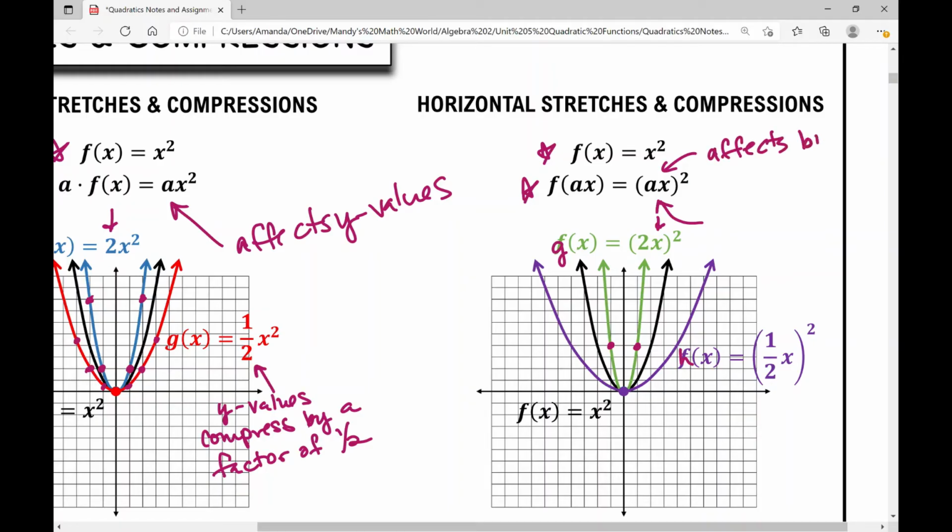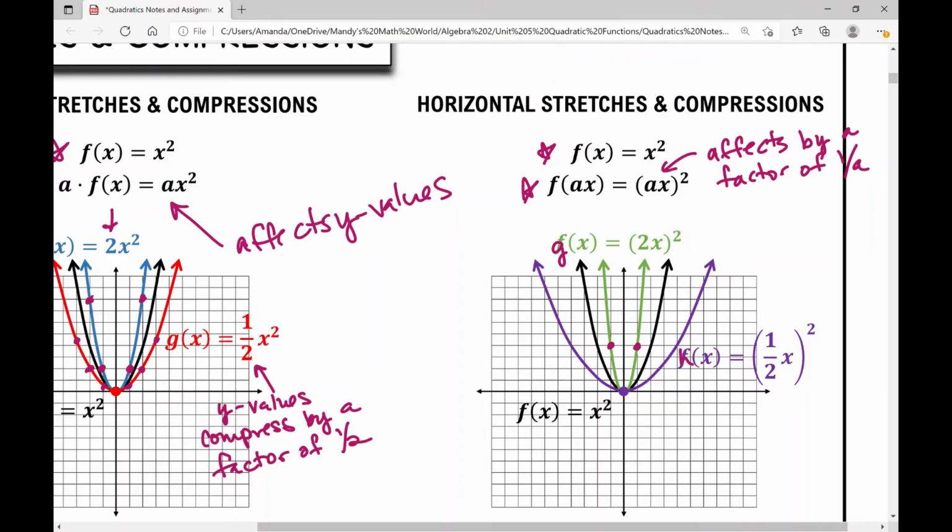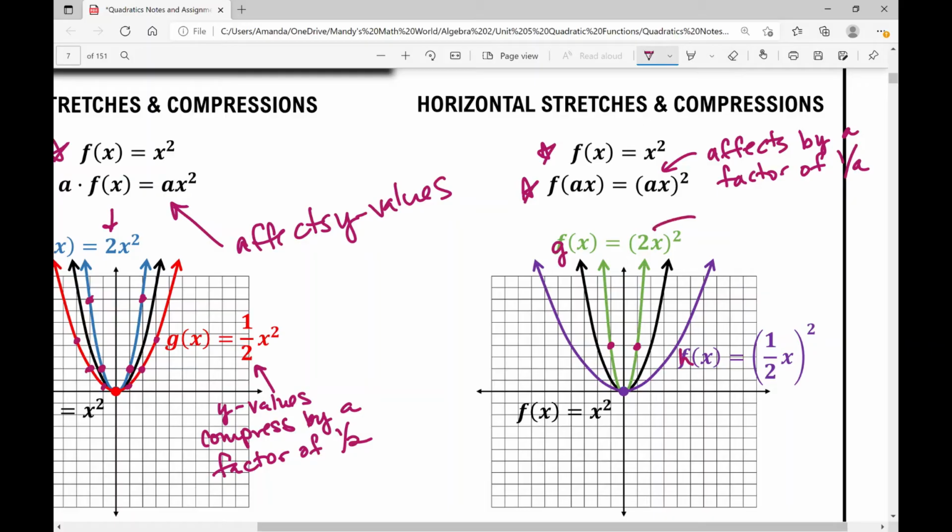And with this function in green, I would write that it is compressed.